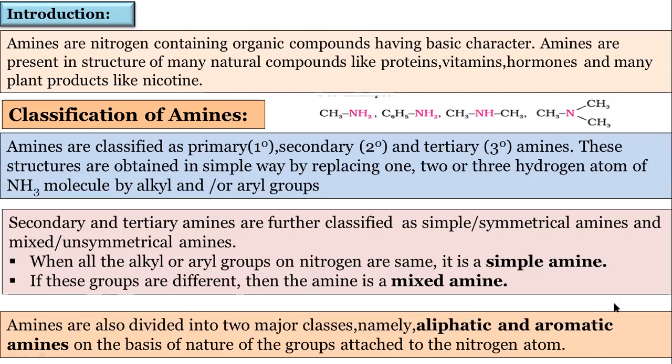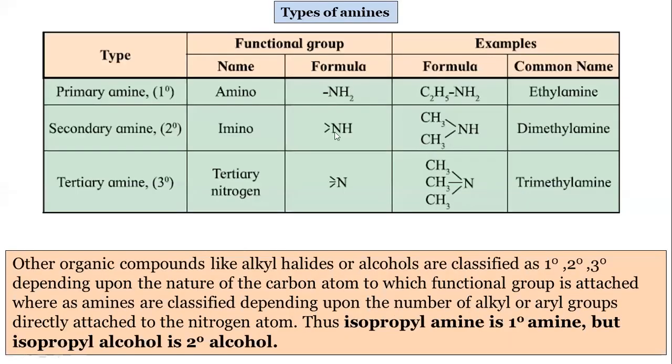If R groups are attached, they are called alkyl or aliphatic amines, and if Ar group is attached, they are called aromatic amines. In a primary amine, only one hydrogen is replaced with an R group; in secondary, 2 hydrogens; and in tertiary, all 3 hydrogens of ammonia are replaced with 3 R groups. A primary amine contains NH2, a secondary amine contains NH, and a tertiary amine contains only N.